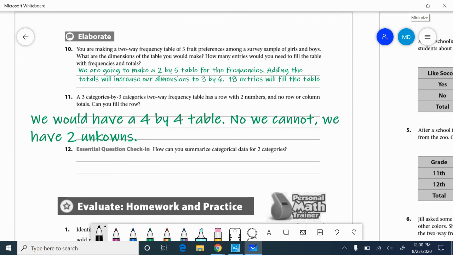Number 12, essential question check-in. All right, do we remember our essential question? It was, how can categorical data for two categories be summarized? So how can you summarize categorical data for two categories? It's just rephrasing it in a slightly different way.